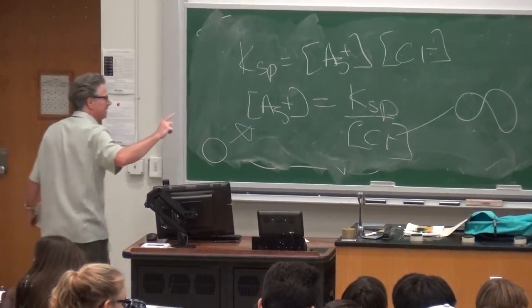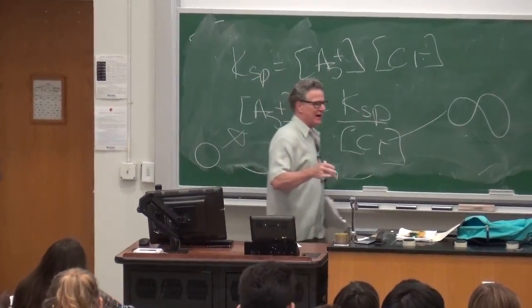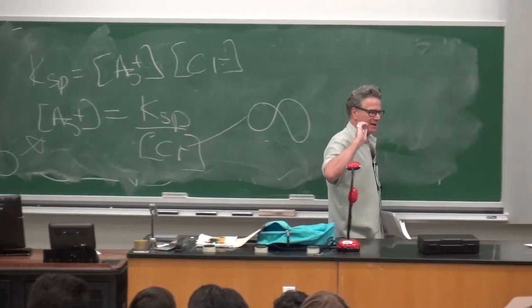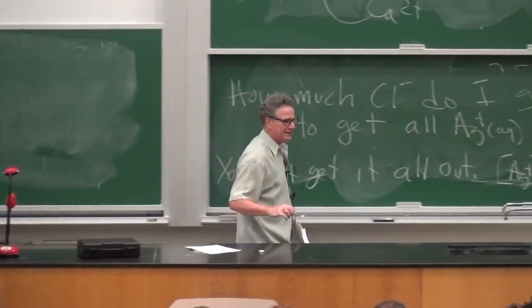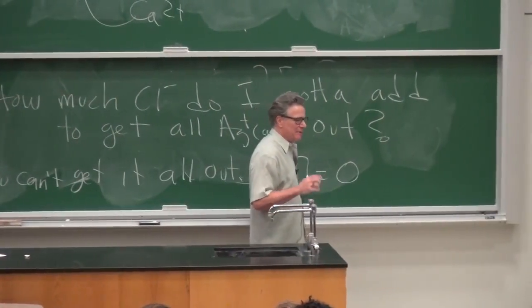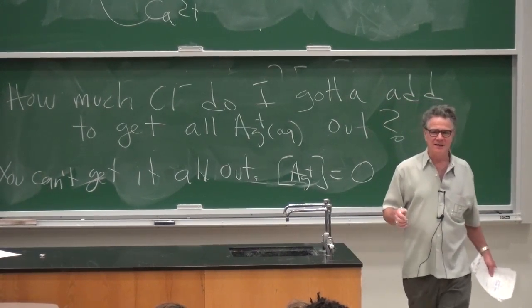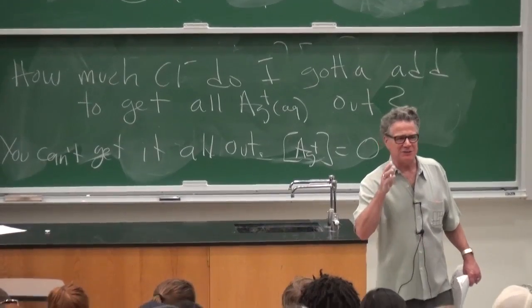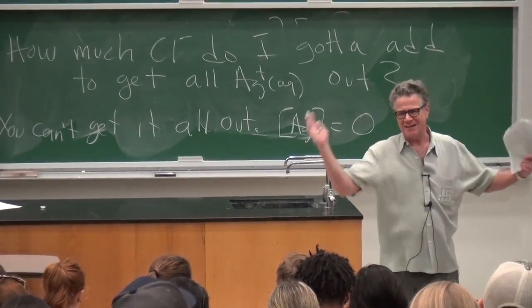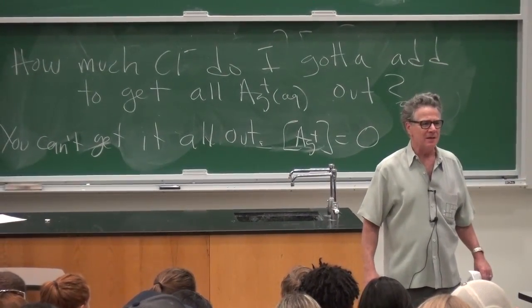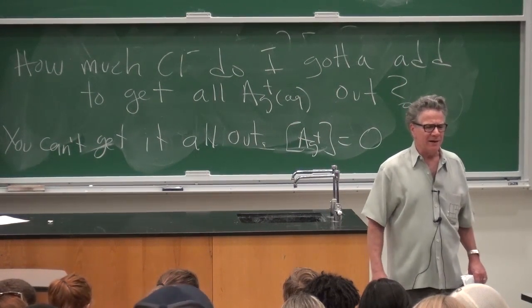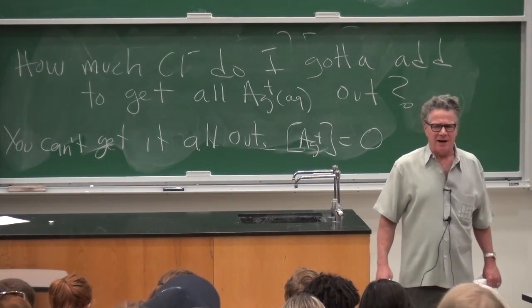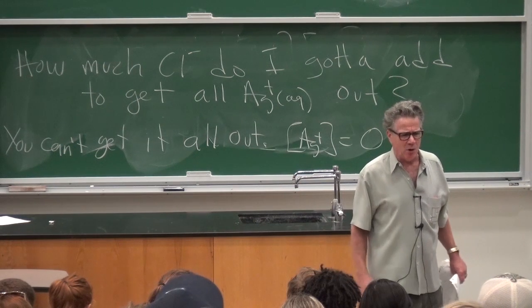But you can specify any concentration that you want. Meaning, I could say, oh, I'm not greedy. I'll leave behind 10 to the minus 6 molar. Gosh, 10 to the minus 6 molar, that's hardly any at all. Then you think, no, I'm way greedier than that. I only want to leave behind 10 to the minus 9 molar.